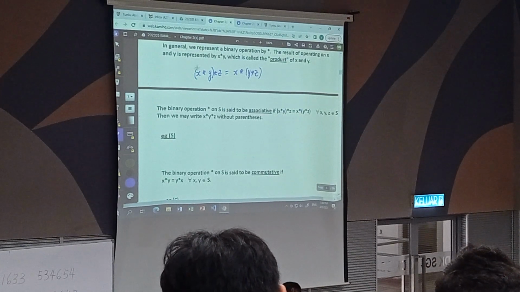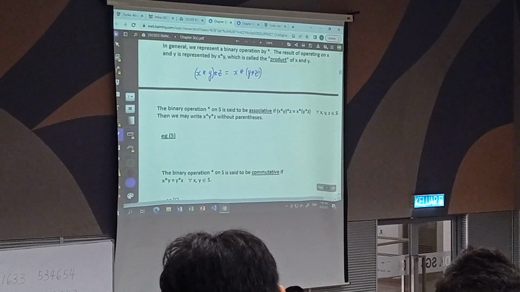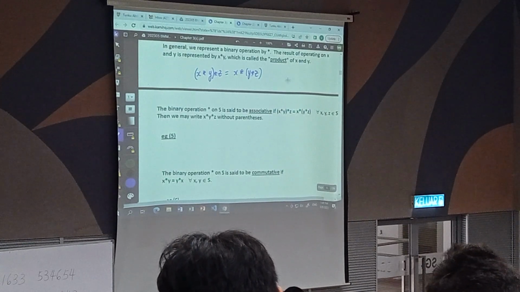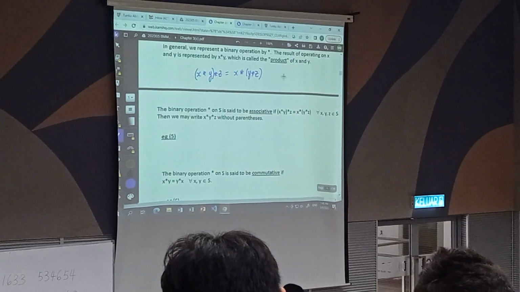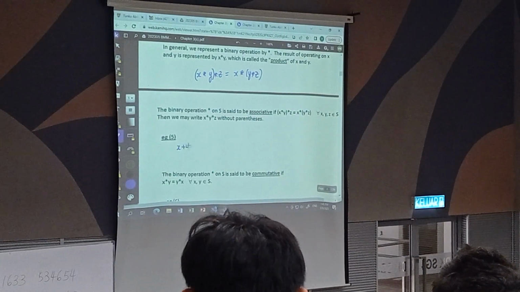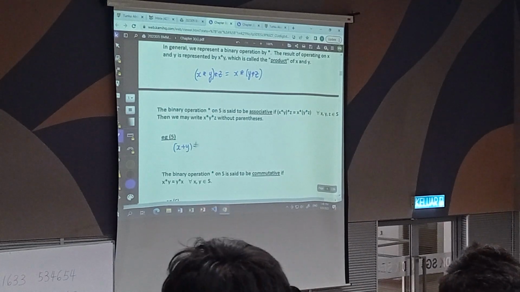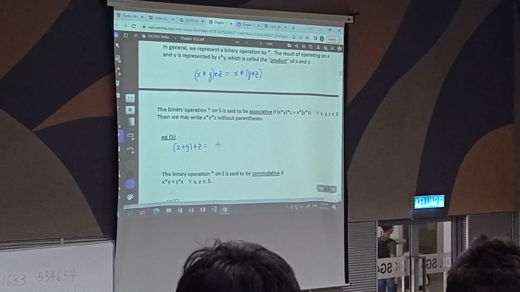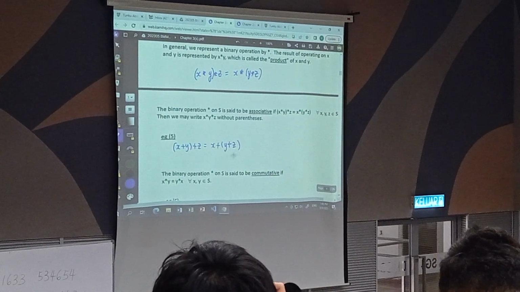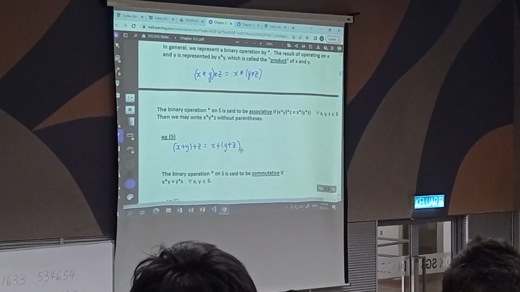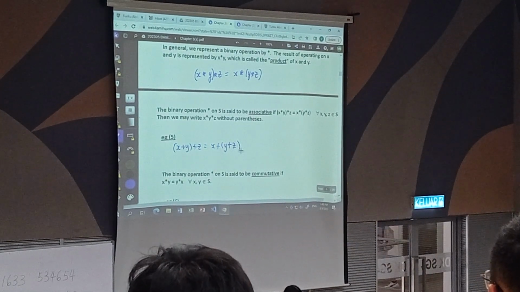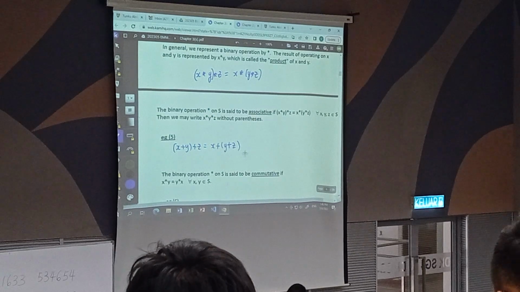Meaning that no matter which part we do first, we will still get the same answer. Give me one example of an operator. Plus. So if I put (x plus y) plus z, this answer will be the same as x plus (y plus z), right? Agree? Any other examples beside plus?